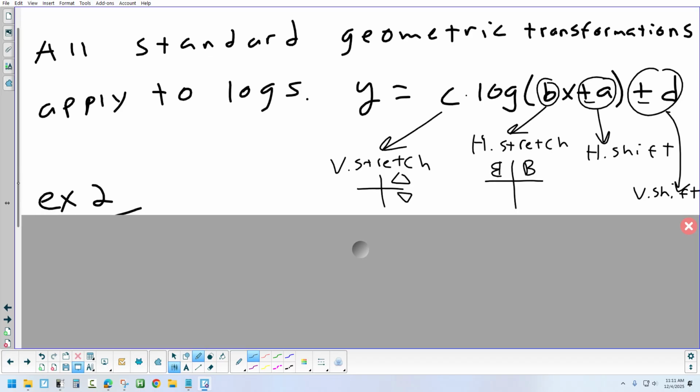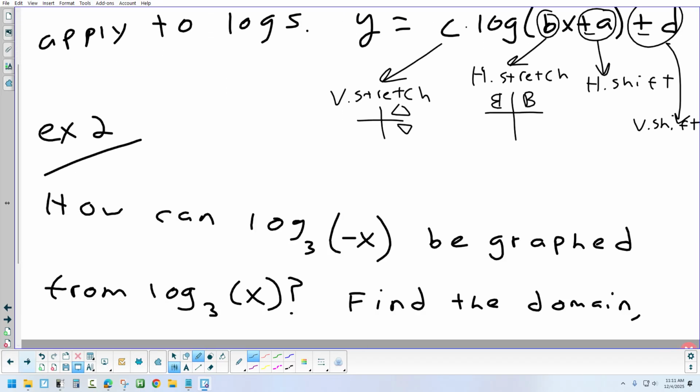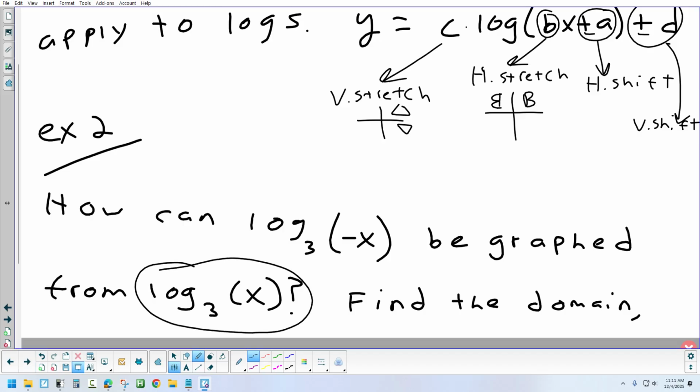All right, so let's try an example. It says, how can log base 3 of negative x be graphed from log base 3 of x? So this is like the parent function, and we're doing something to it. How many transformations are we doing to change this into that? Just one.